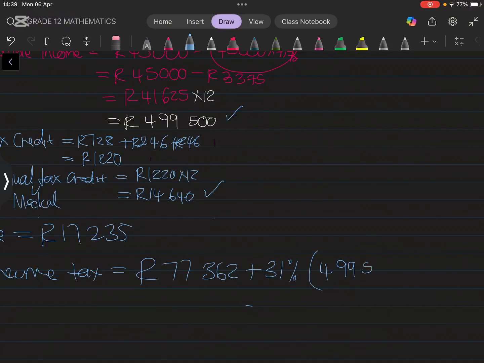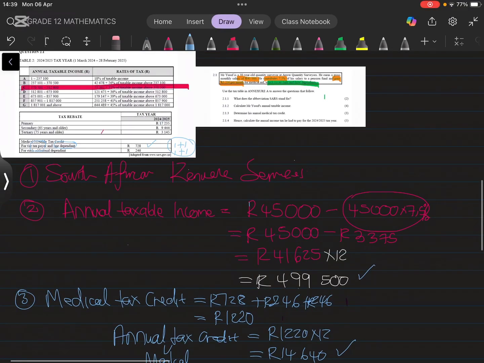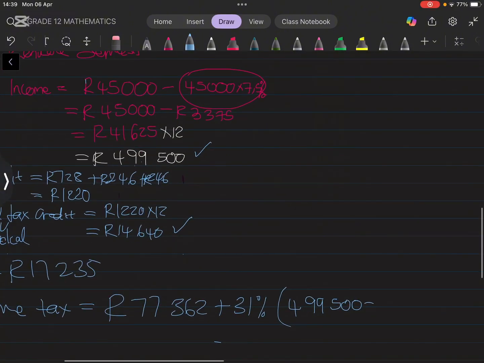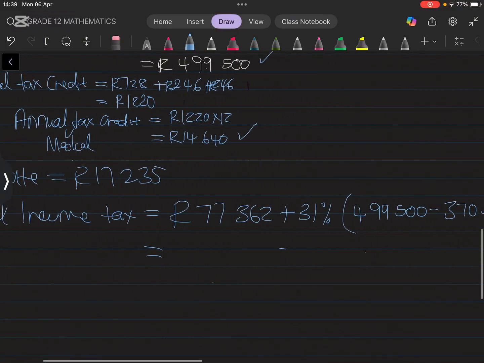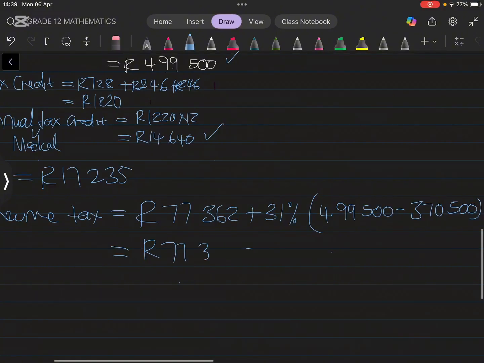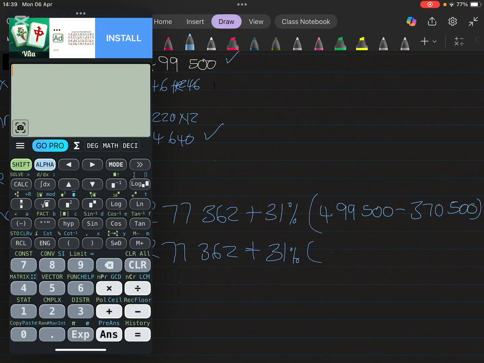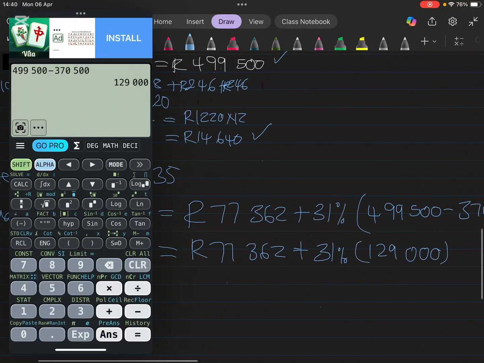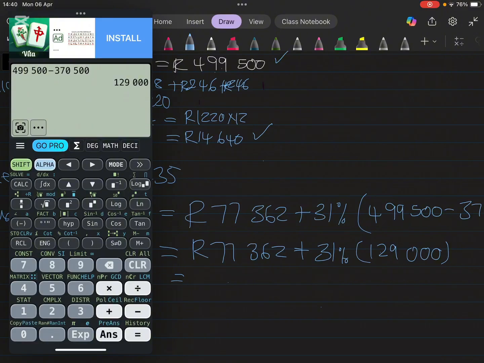That will be 77,362 plus 31% of 499,500 subtract 370,500. That will be 129,000.